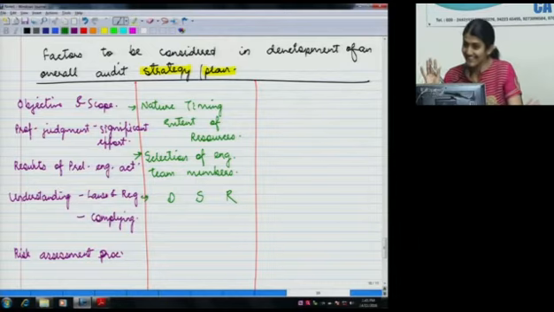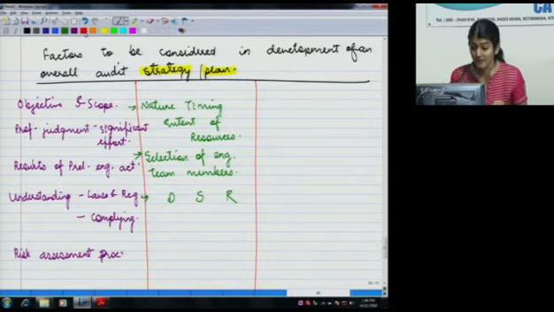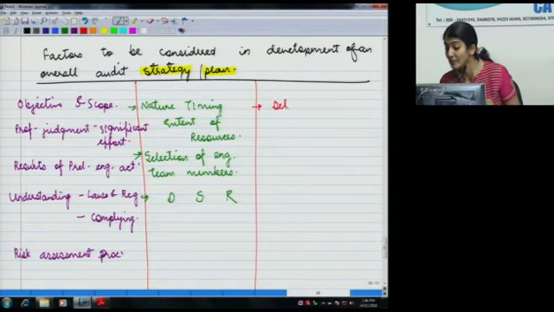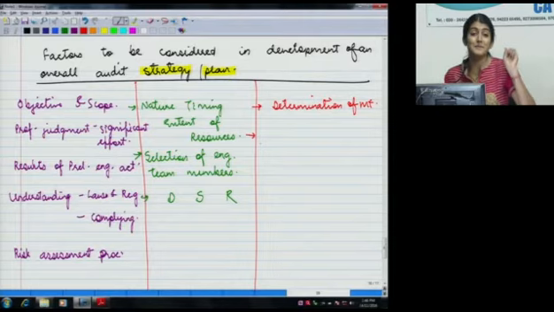Okay, DSR. Who will do the direction, who will do the supervision, who will do the review of the work? You have to plan that, when the direction, supervision and review will take place. Next one, determination of materiality, because of identifying and assessing the risk of material misstatement.